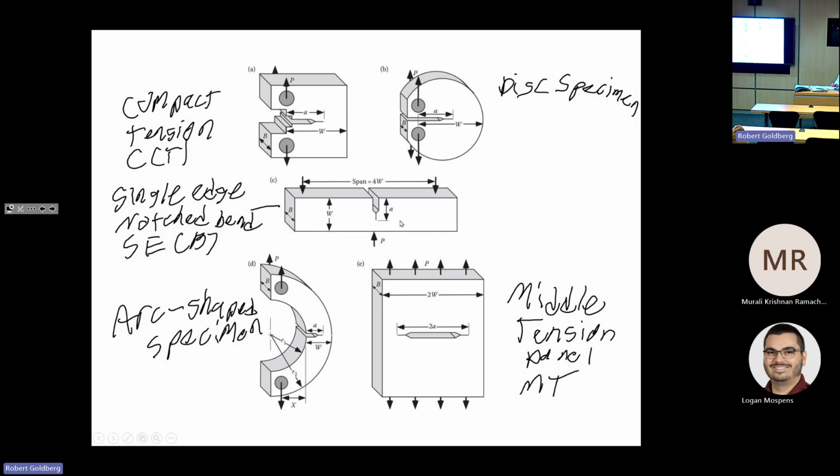Even for the homework I just handed out, just so everybody has it handy, I gave the section of the table that is representative for the compact tension specimen, because you'll be having to apply some of the things we talk about today to doing things with this type of specimen.